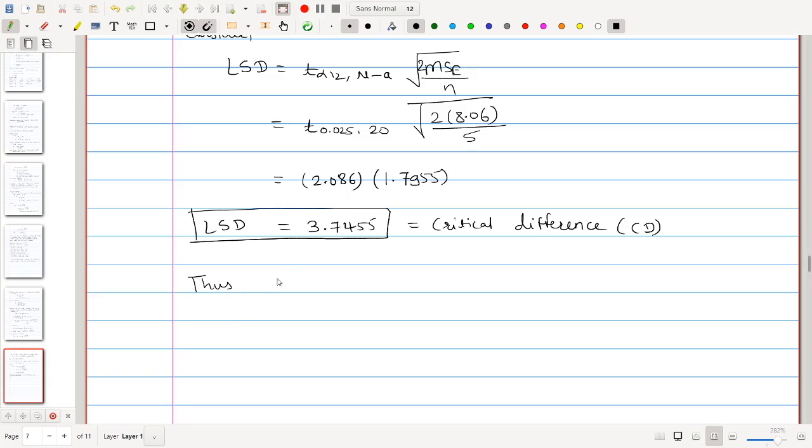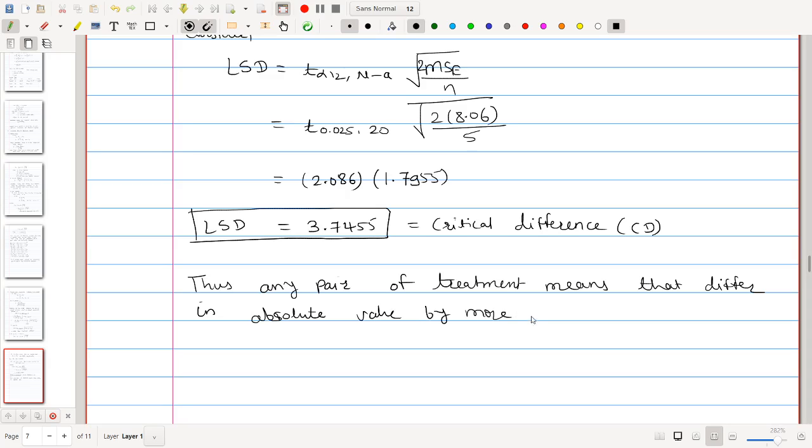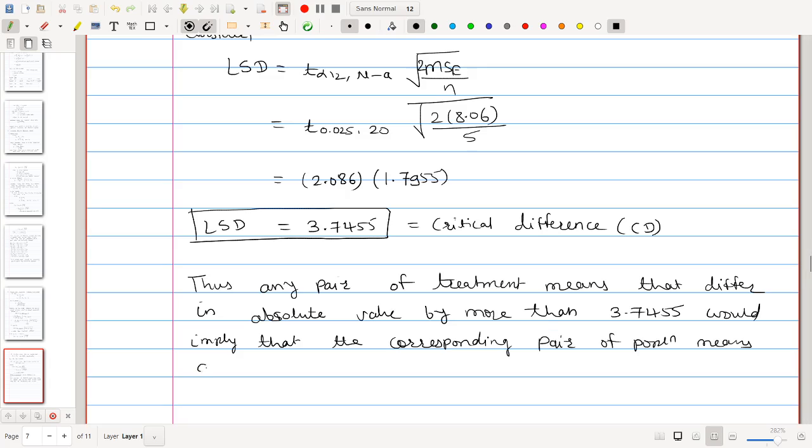Now we can draw a conclusion like this. Any pair of treatment means that differ in absolute value by more than 3.7455 would imply that the corresponding pair of population means are significantly different.